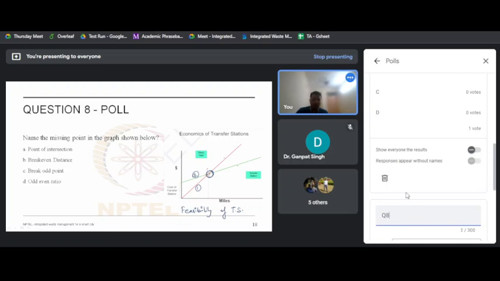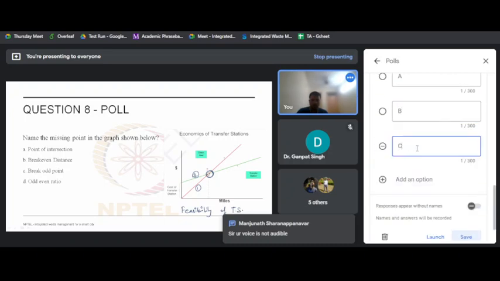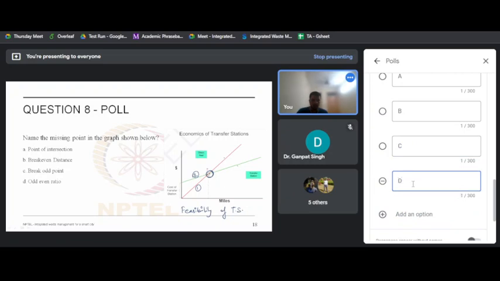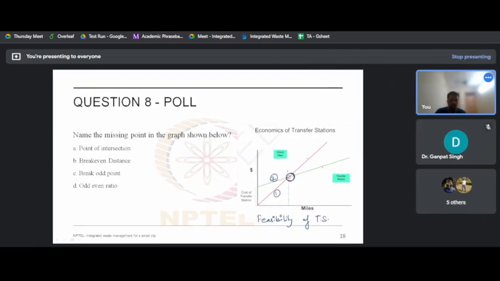So this is question number 8. Option A, B, option C, option D. This is question 8. You can answer it in the chat as well as the polls.